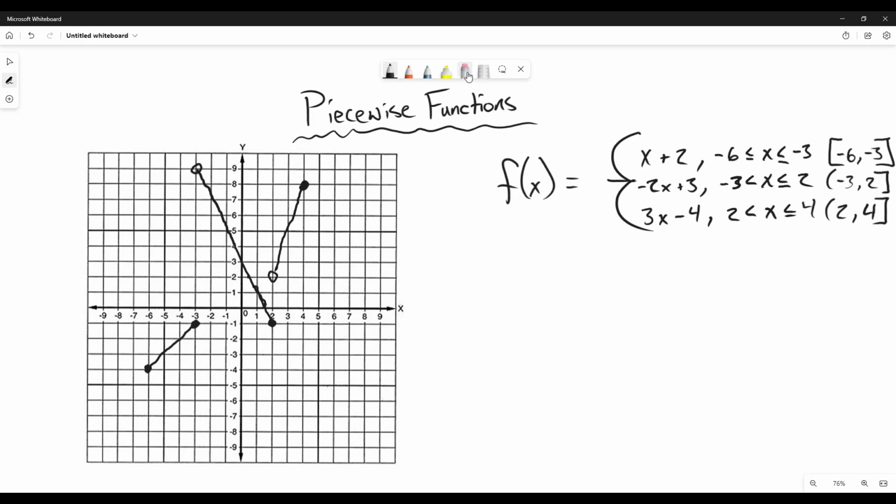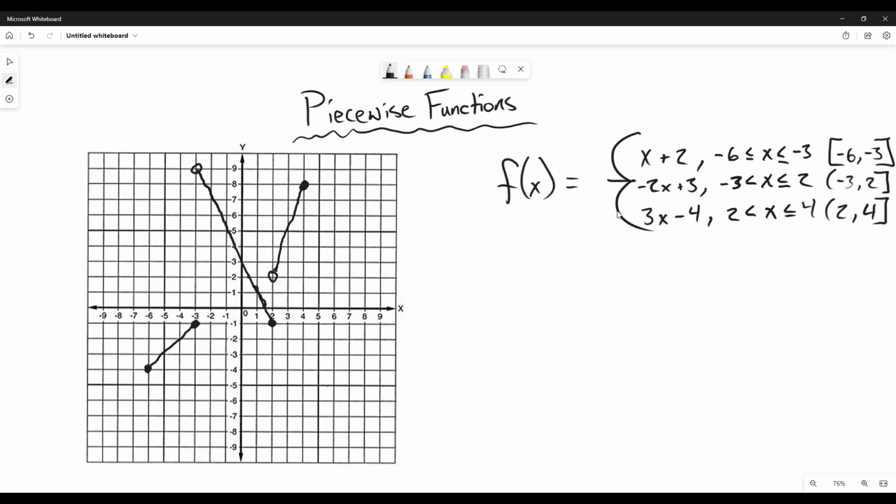Now, you may be looking at it and it may look a little strange because of how drastic the functions are, how different the functions are. But this is a good rendition of what a piecewise function will look like. Along this set of x's, this is the y.